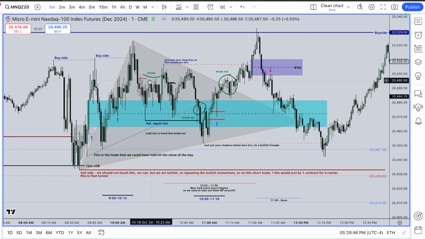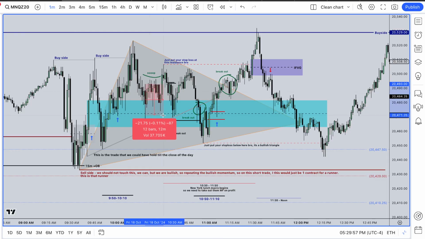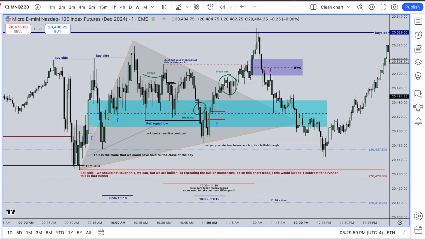I don't want to. I don't think that's high probability. This is high probability somewhat, and then short in here, trade down to the midpoint of that. That's 20 handles. Okay, yeah, we could take that.